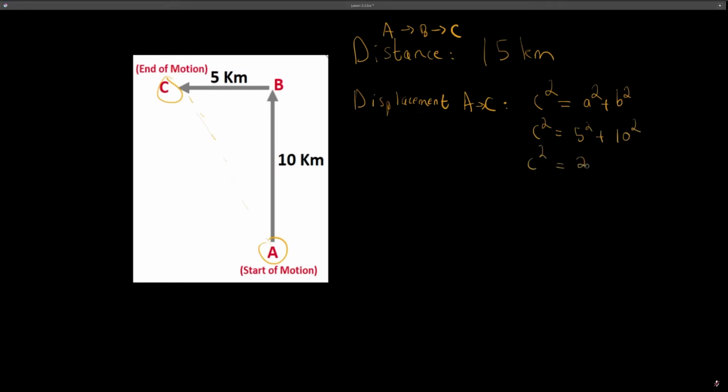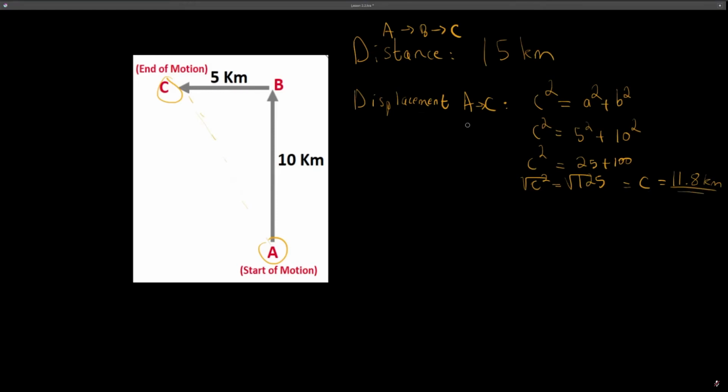C squared is equal to 25 plus 100. C squared is equal to 125. C is equal to radical 125, which on your calculator is 11.18 kilometers.